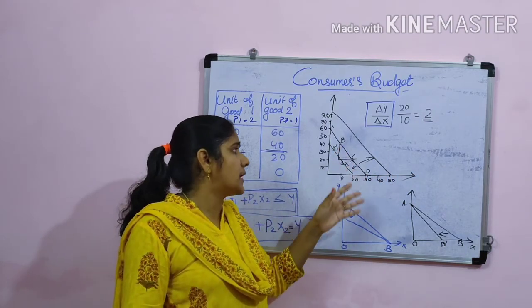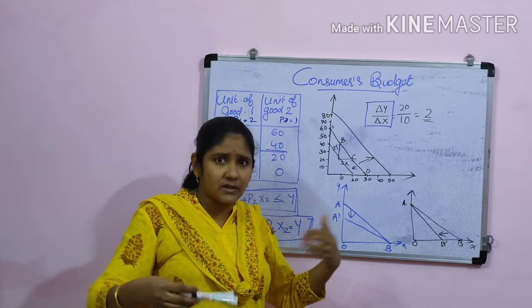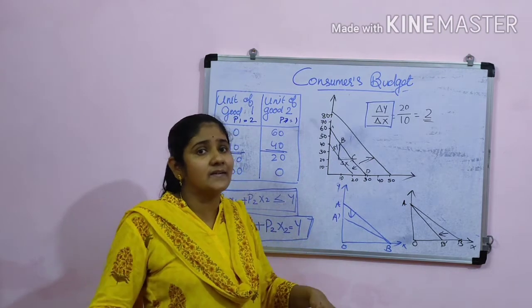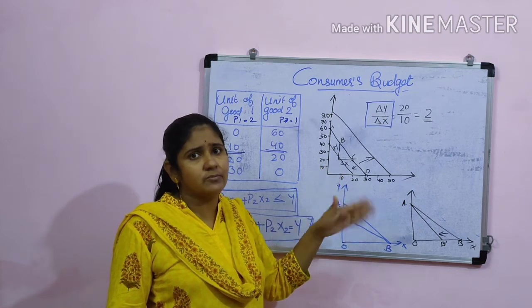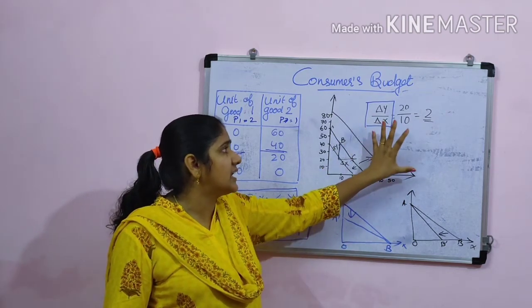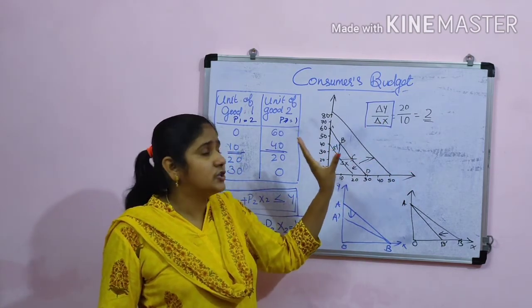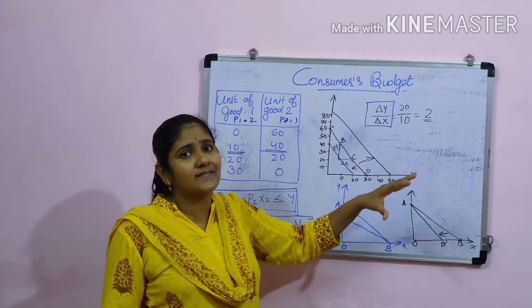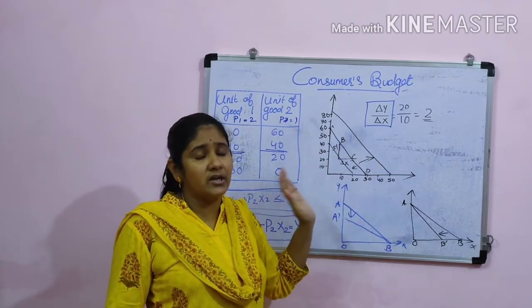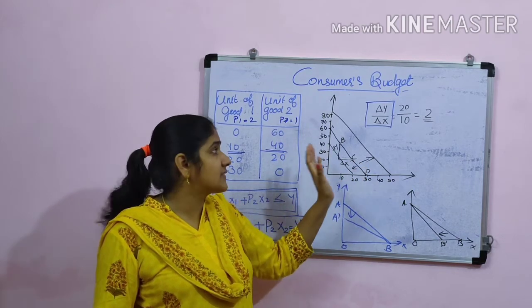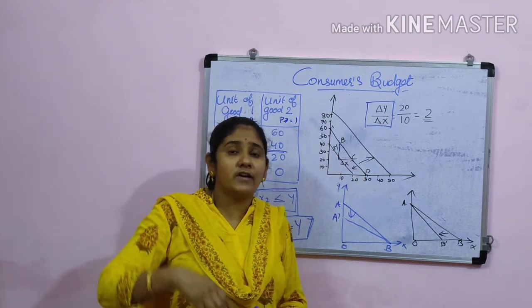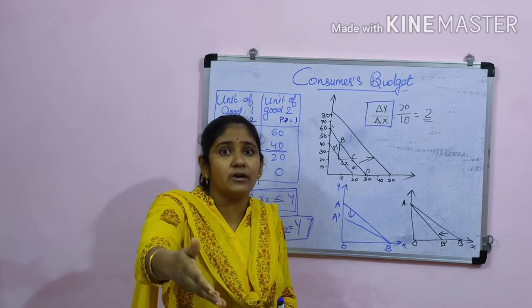Otherwise, if the price of both the commodities increases, then it may shift to the left direction. But normally we explain this shifting of the price line with the case of an increase or decrease of income. When it increases, purchasing power increases.